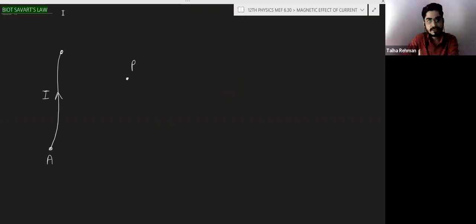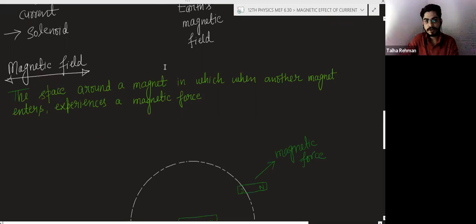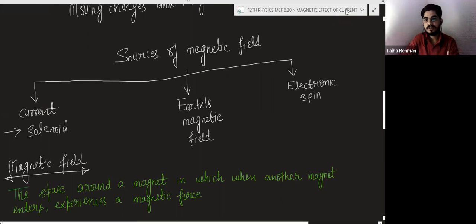So I am discussing Biot law. Please, I have just started. Here is a wire we have. Suppose this whole wire is AB, and in this wire the current I is flowing. I have told you that due to the current, a magnetic field can be generated.